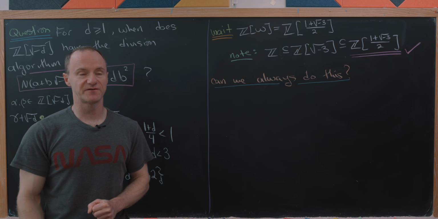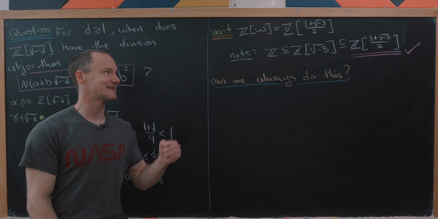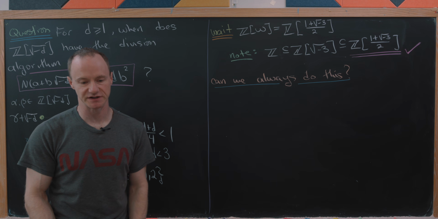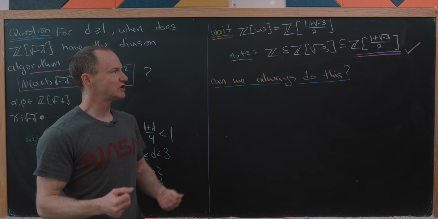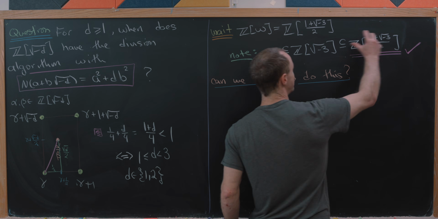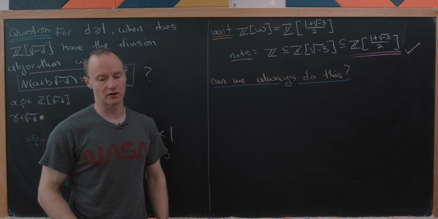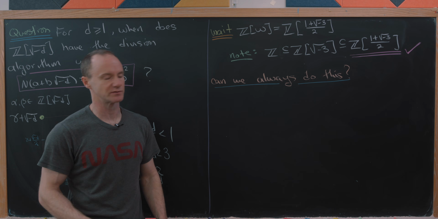There's actually a fairly simple exploratory calculation which will tell us exactly when we are able to do this. Like, perhaps we should just do this with Z adjoin the square root of minus 5, get a bigger space, and that bigger space would have the division algorithm. But as we'll see, that will be impossible.